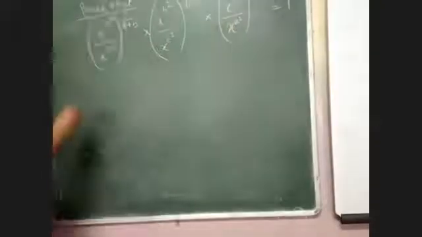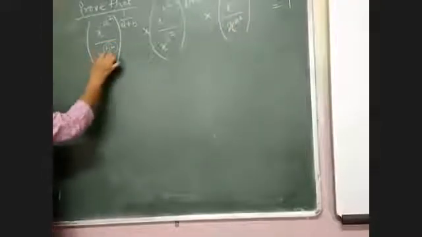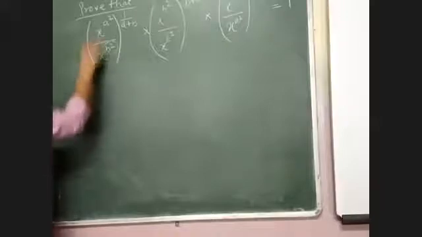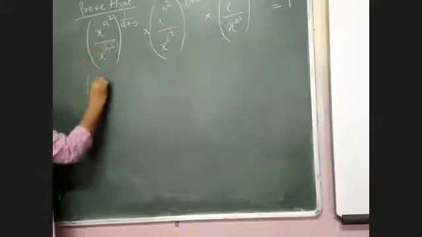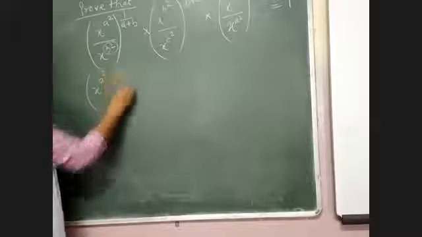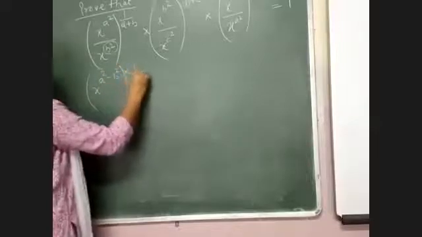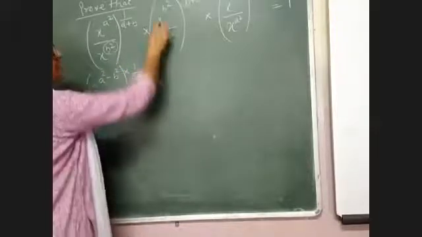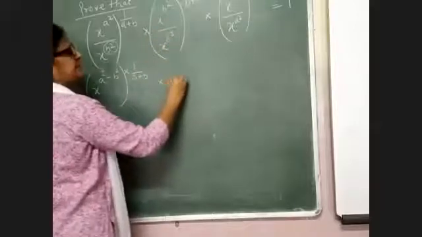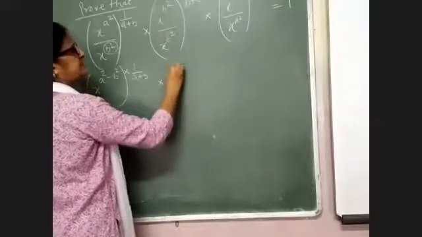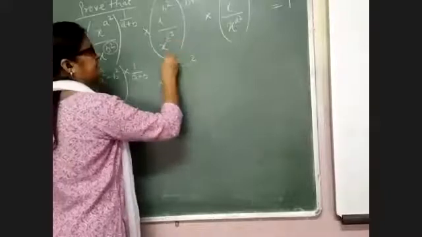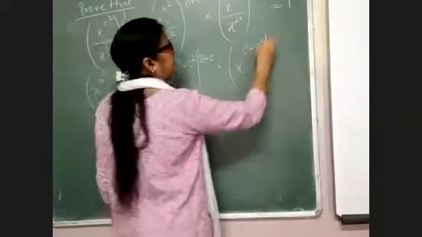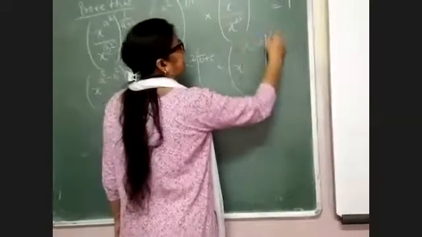When the base is the same, the powers are subtracted, into 1 upon a plus b; and again the bases are the same, so the powers are subtracted, 1 upon b plus c. Now again the bases are the same, and the powers are subtracted.